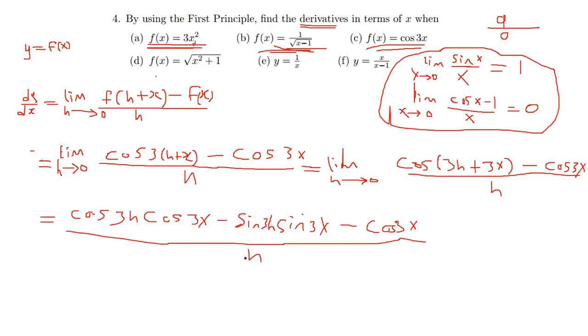So in short, if there is a 3h there, the denominator is also supposed to be 3h. And how can I achieve that? By multiplying everything by 3 over 3. So when I multiply everything by 3 over 3, there's going to be a 3 there, and a 3 there, and the denominator will also be 3 there.